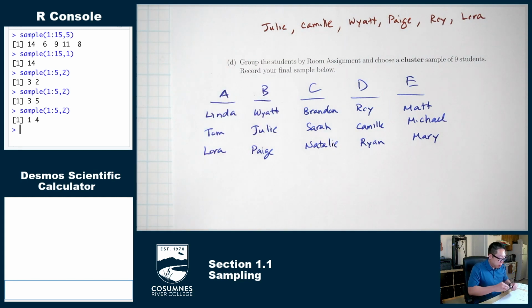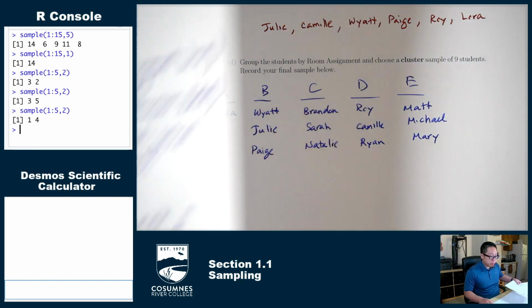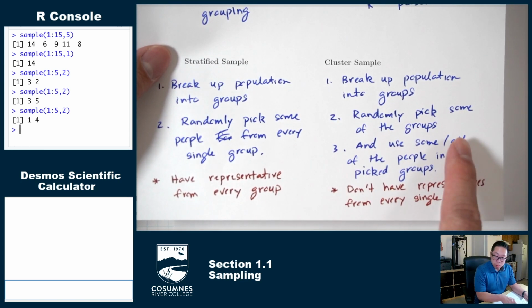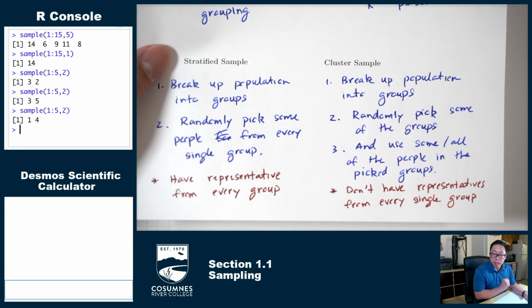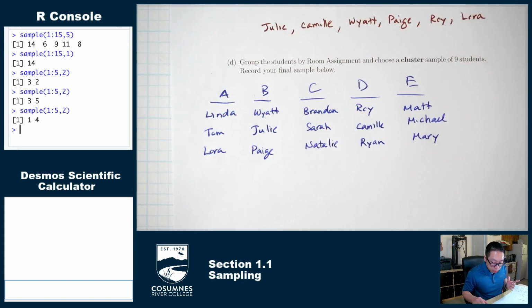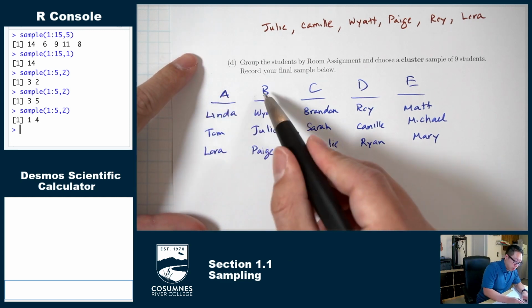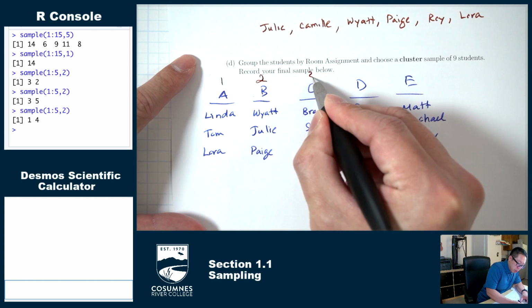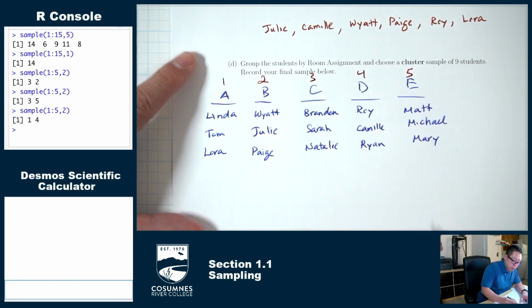And then now we're going to do a cluster sample. Okay, so now I'm going to pick some of those groups and then just use the people in those picked groups. So there's 1 group, 2 groups, 3 groups, 4 groups, 5 groups. So this is 1, 2, 3, 4, 5.